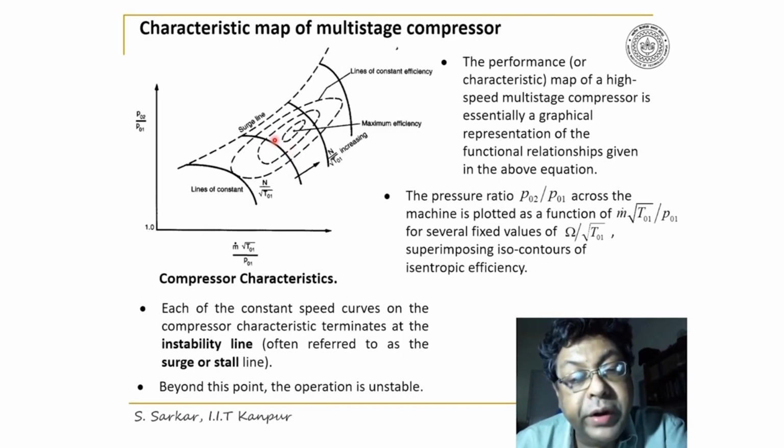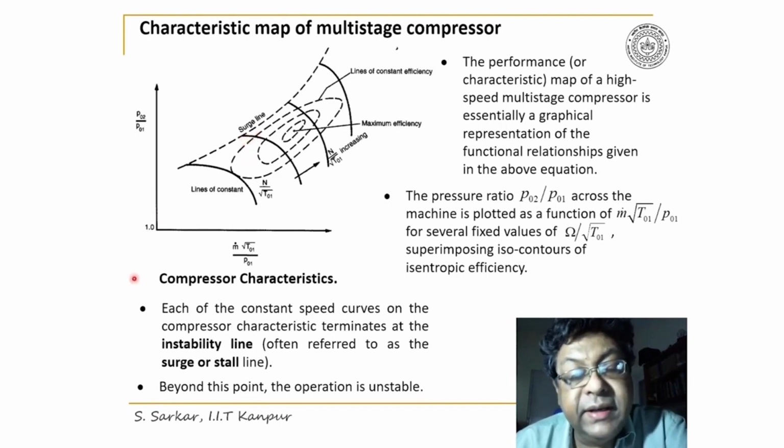At some point which is near the surge line, efficiency would become maximum, and then if we further throttle the compressor, the pressure will increase, each blade will start stalling, and then the machine will lead to surge.